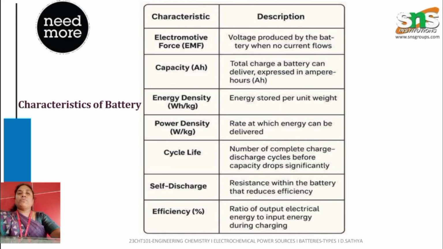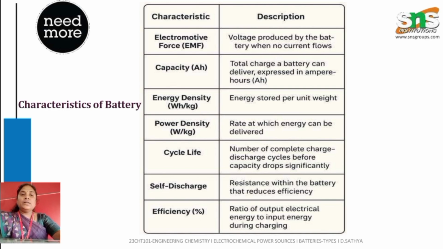So the characteristics of batteries. The EMF is the voltage produced by the battery when no current flows. The capacity is what the battery can deliver, expressed in ampere hours. The energy density is per unit, and power is the rate at which the energy can be delivered.